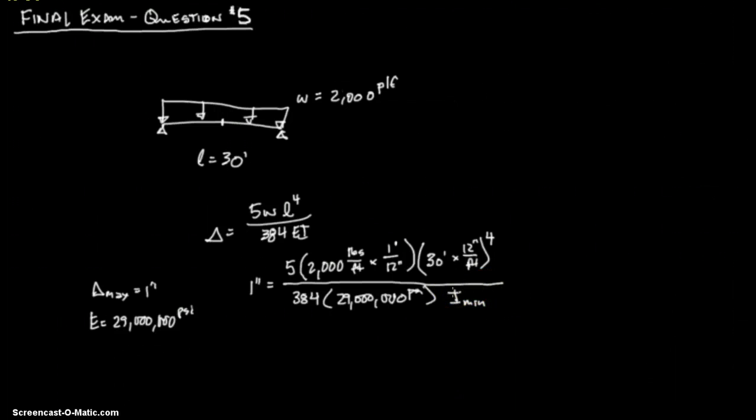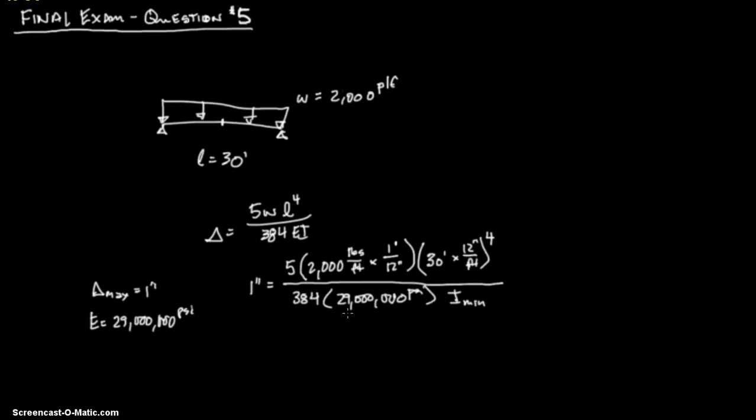Alright, so let's go ahead and solve for I min. I min will come over here. It'll be divided by 1, so it's just everything in here divided by 1. So it's going to be 5 times 2,000 divided by 12 times open parentheses 30 times 12 close parentheses to the 4th, divided by 384 divided by 29 million.